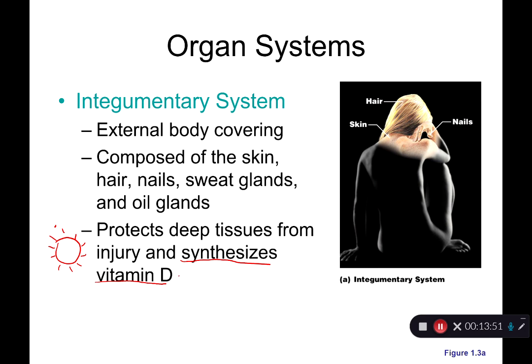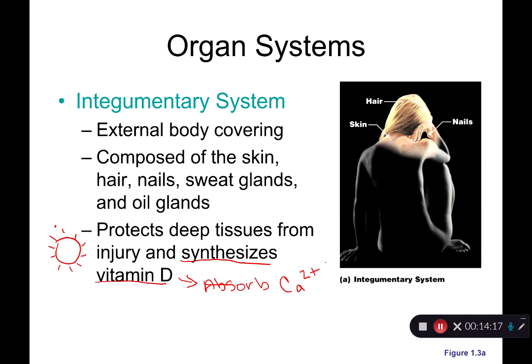You need vitamin D so that you can absorb calcium from the food that you eat. And what do we need calcium for? A lot of people say bones. You need calcium for your bones. That is really not the right answer.